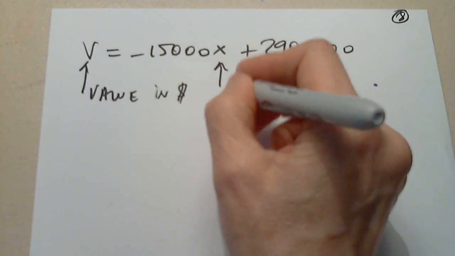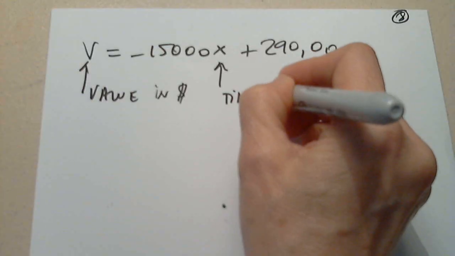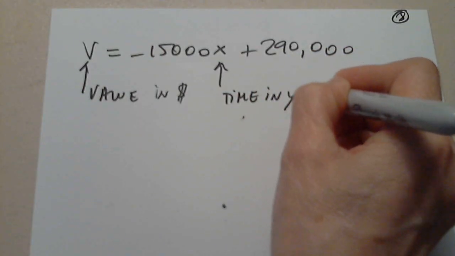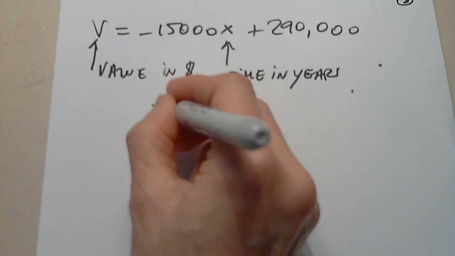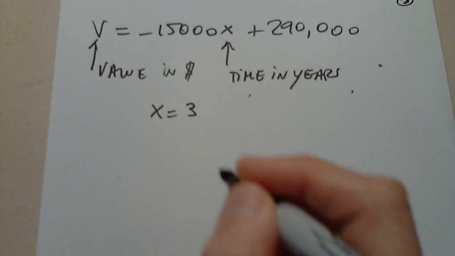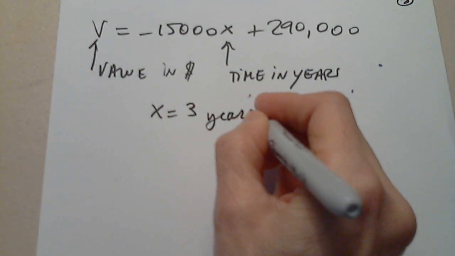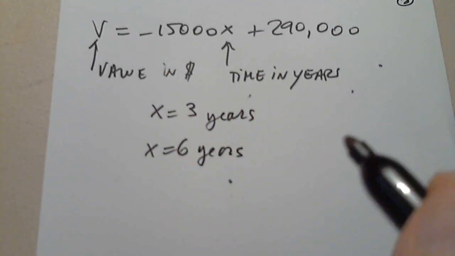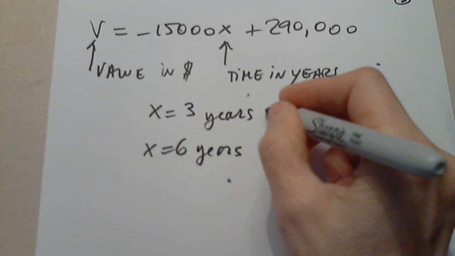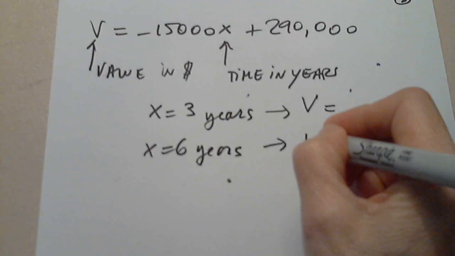X is time in years. They're asking us to determine the value if x is 3 years, if x is 6 years. What do we get for the value? So they want us to find the value.